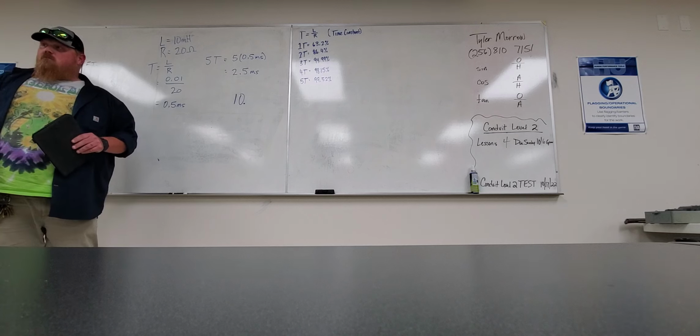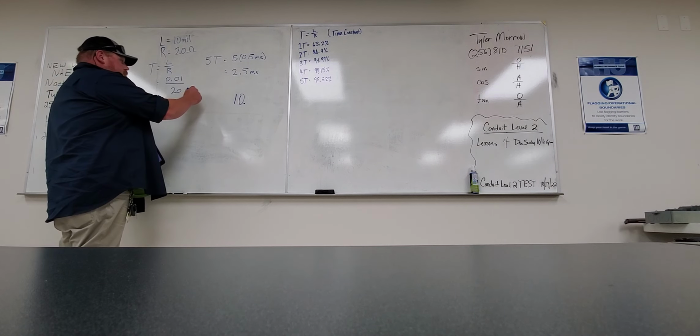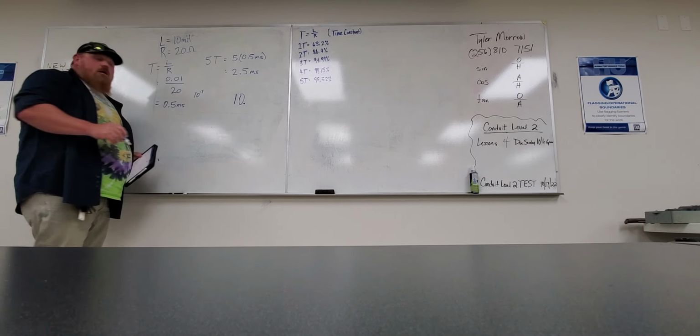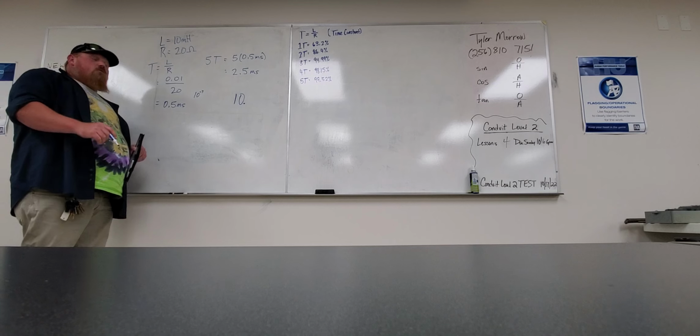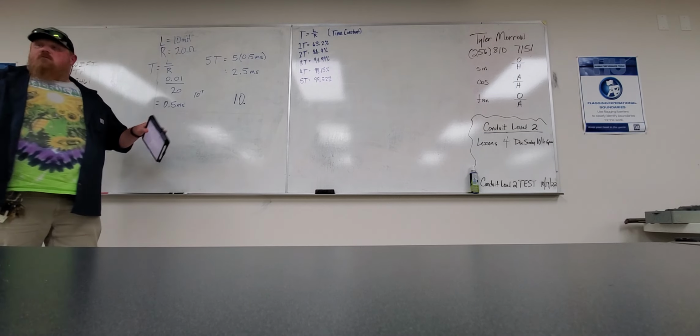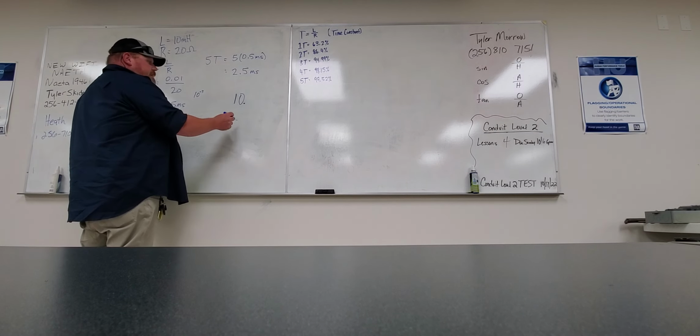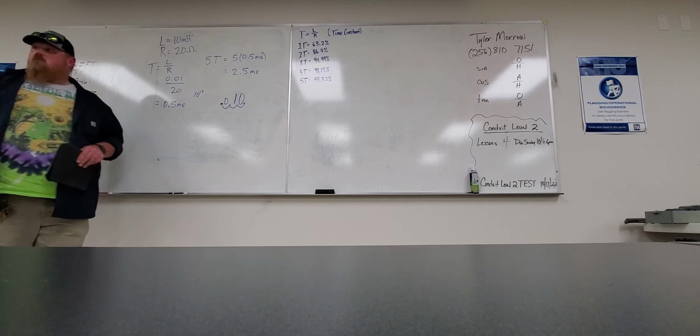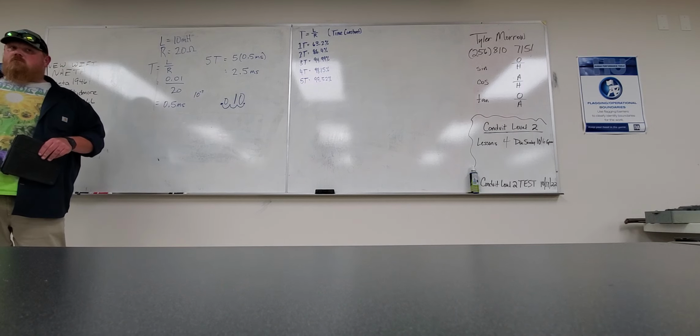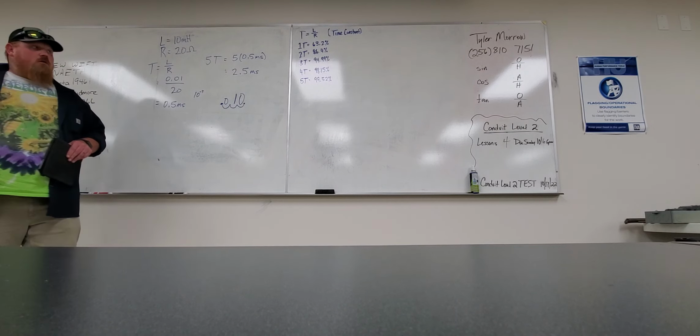Milli is 10 to the minus 3. So if it's 10 to the minus 3, we're going to move the decimal to the left 3 spaces.